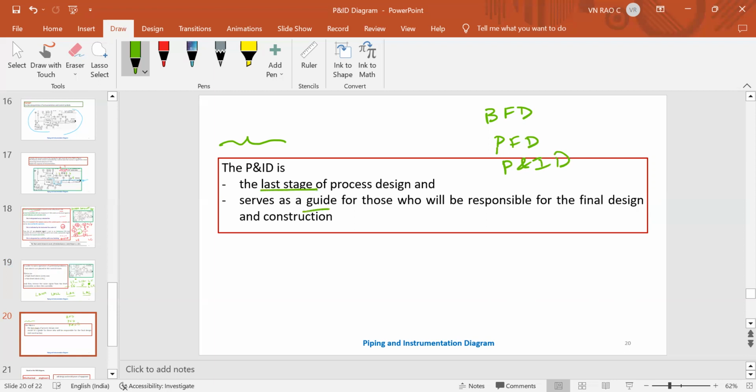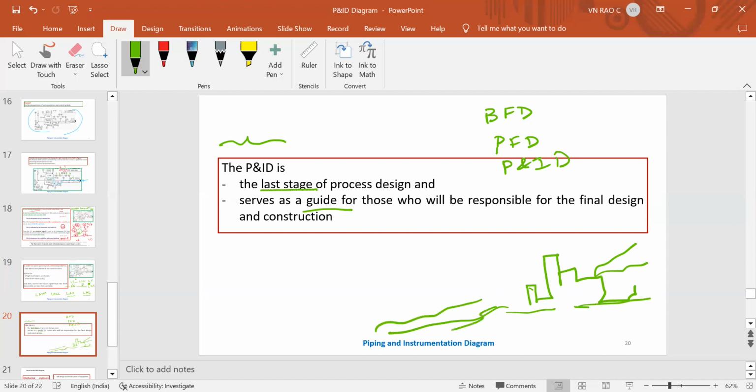Number two, it serves as a guide for those who will be responsible for final design and construction. Ultimately, the plant needs to be constructed, say a plant near the seashore. This construction is very important, so the P&ID becomes the base.